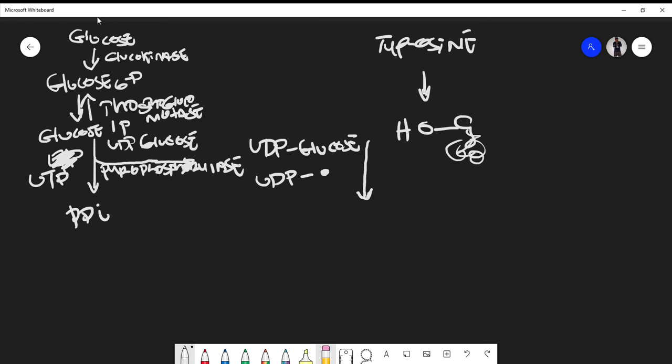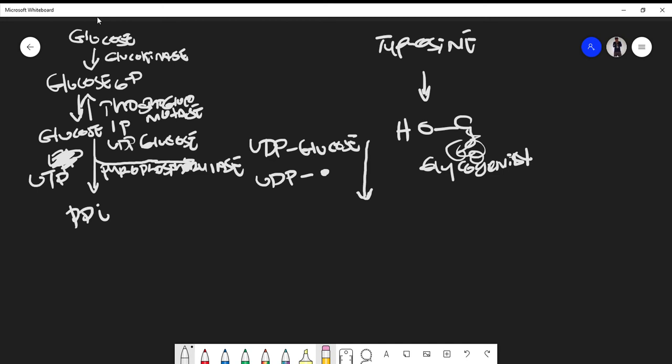It's actually found inside of glycogen granules. So this will be glycogenin. What essentially happens is that glycogenin takes UDP glucose and starts forming these glucose molecules on the tyrosine residues.